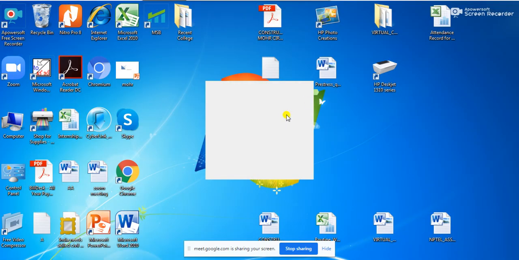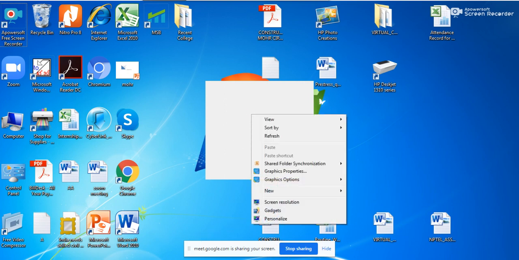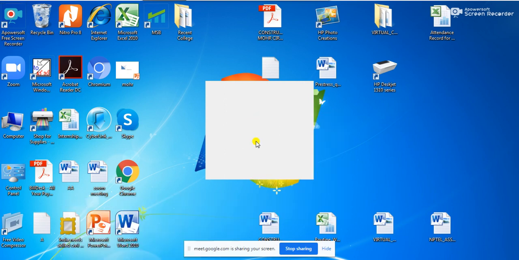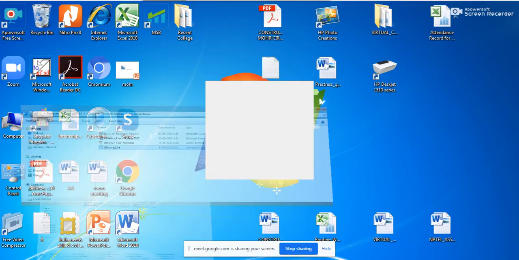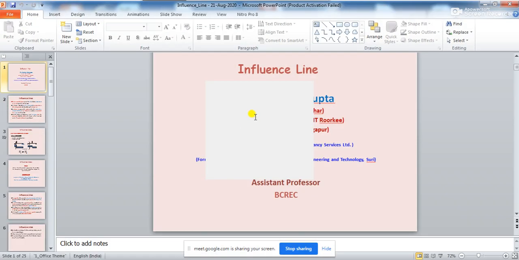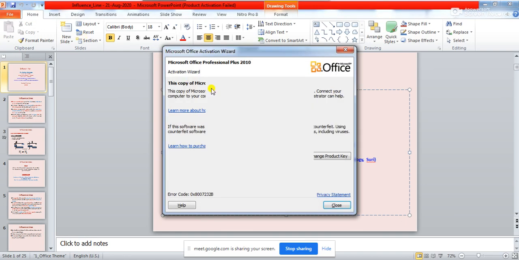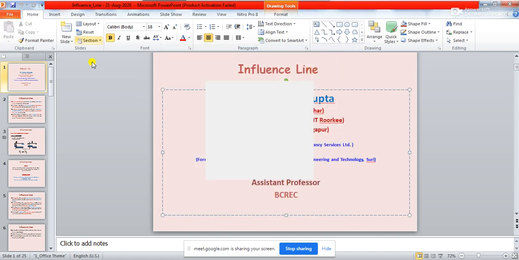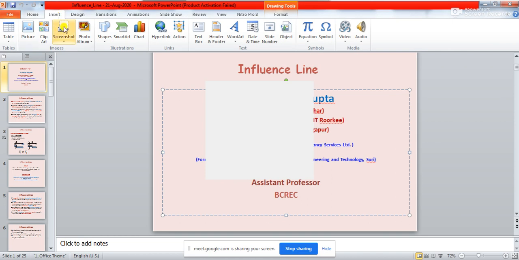Use Ctrl plus Z. Control Z. No, it's coming right from here. What is this? Oh, what is this coming? Some screenshot has come here. Insert a picture of any program.